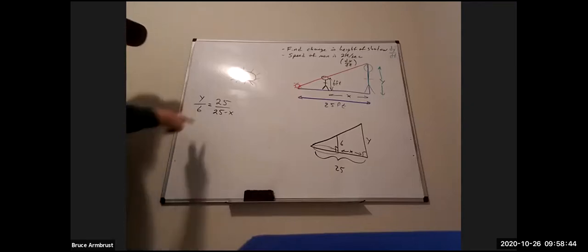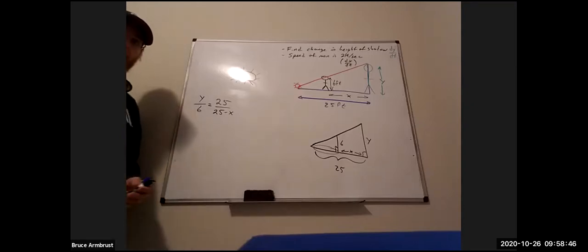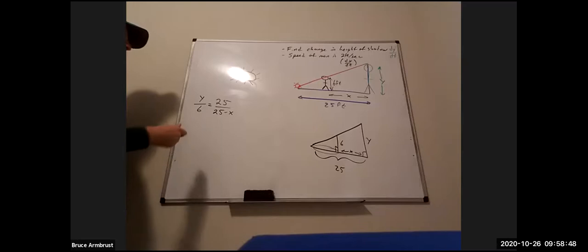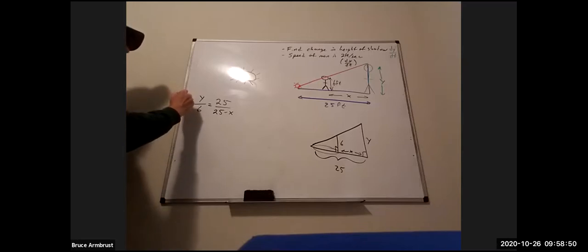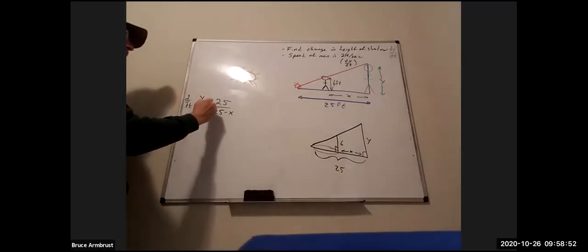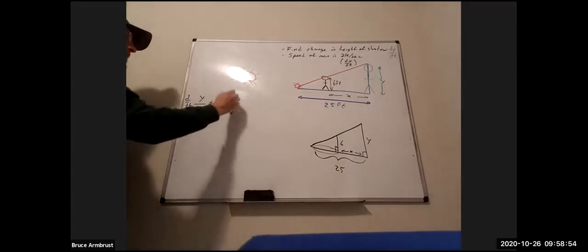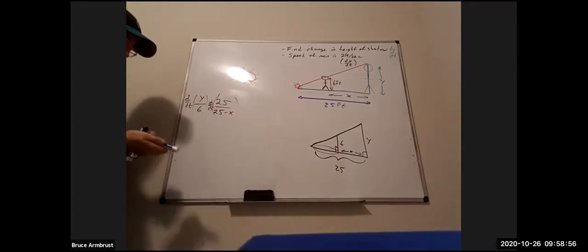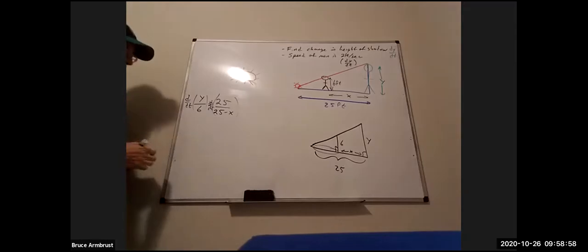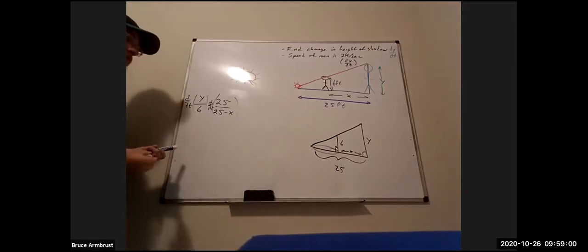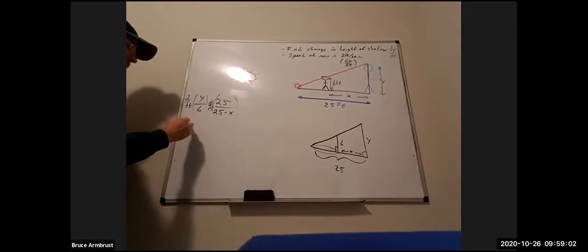All right, well, now that we have that equation, we're ready to differentiate. So let's do a d/dt on each side. All right, so y over 6. Well, the 1/6 is a constant multiple.